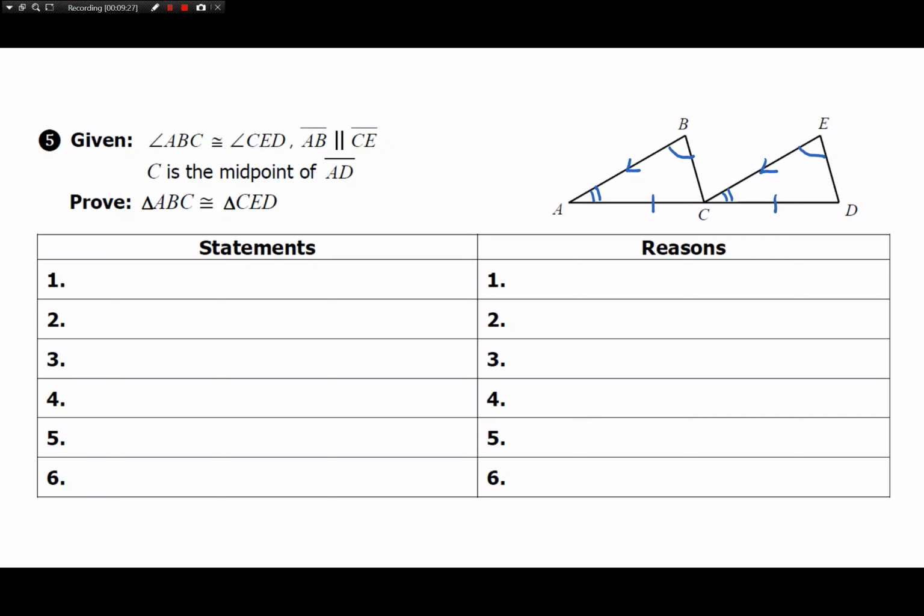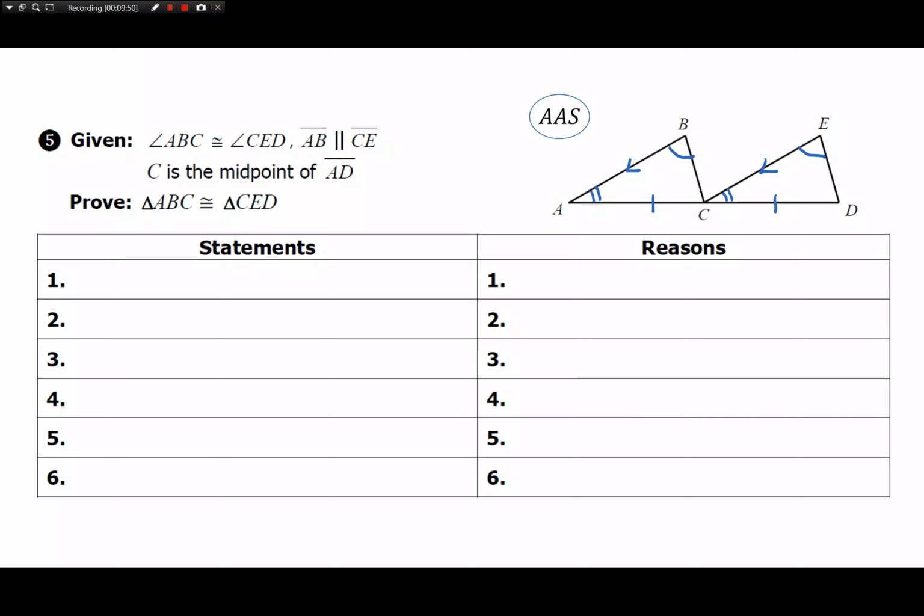So now looking at the figure, we have E and B congruent, A and ECD congruent, and then segment AC and segment CD congruent. So it's in the order of angle, angle, side. Alright, we know where we're going to go for this. We'll circle that. And now we're going to start with our statements.